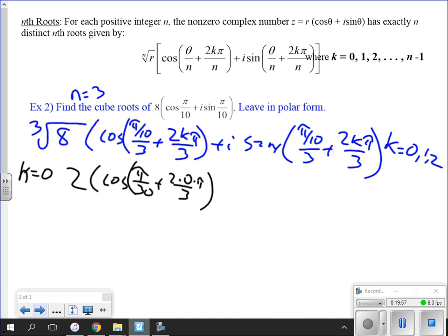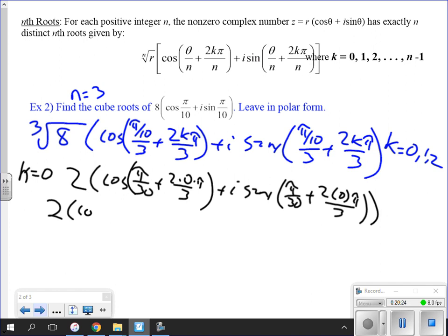And you're not going to have to fill it in every time like this, but I want you to see how it's done. I want you to get this down and understand it. Plus i sine of pi over 30 plus 2 times 0 times pi over 3. Which means my final answer for this one is 2 times the cosine of pi over 30 plus i sine of pi over 30.